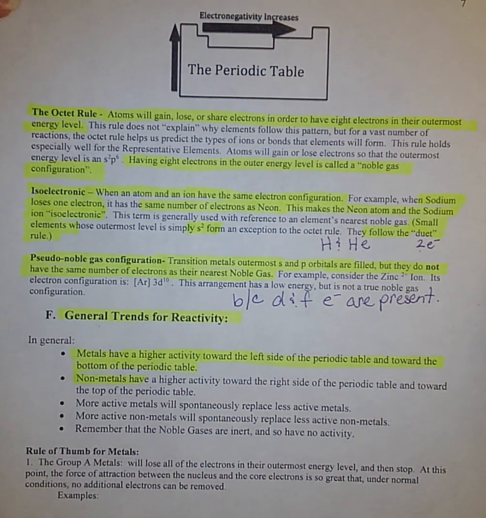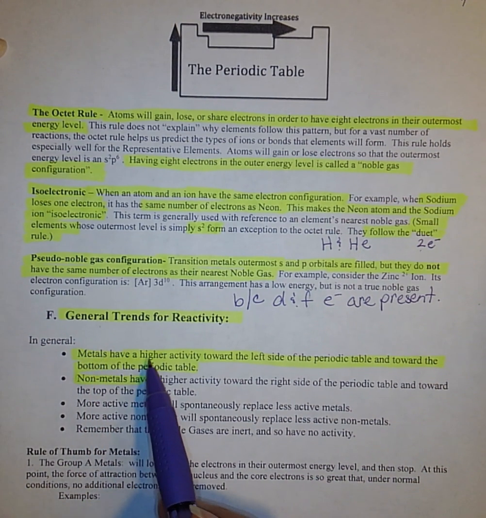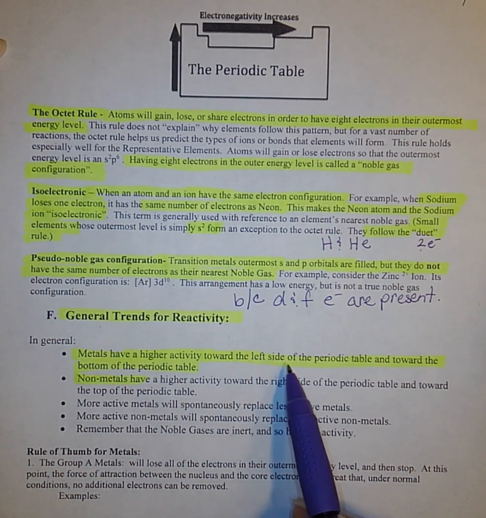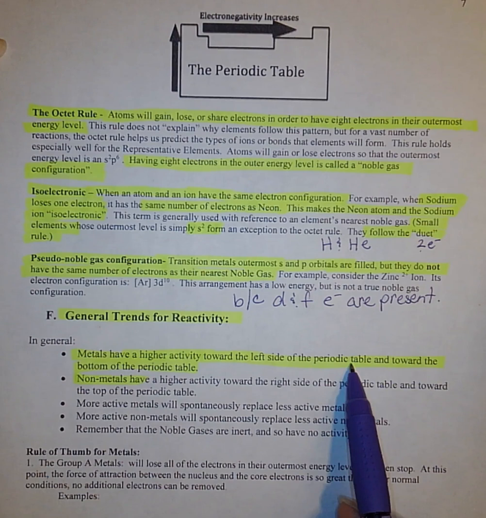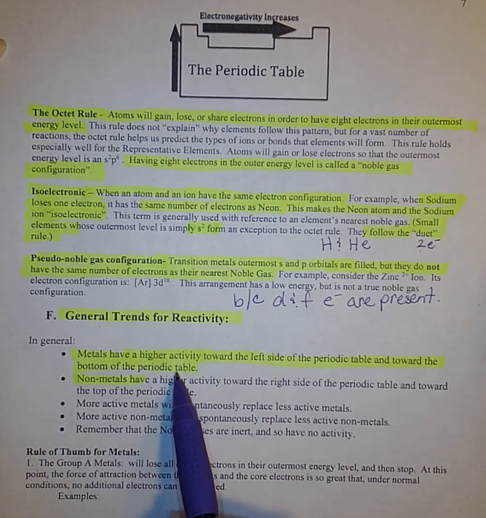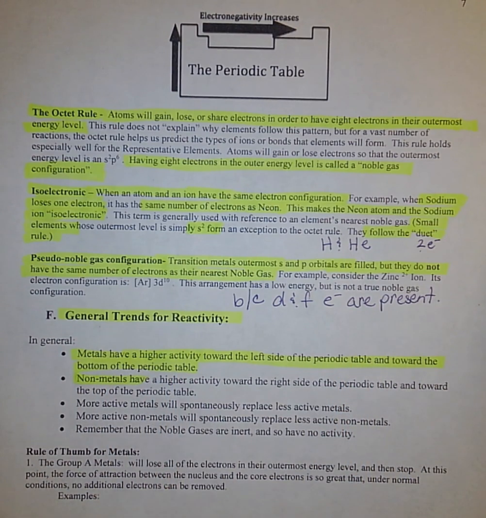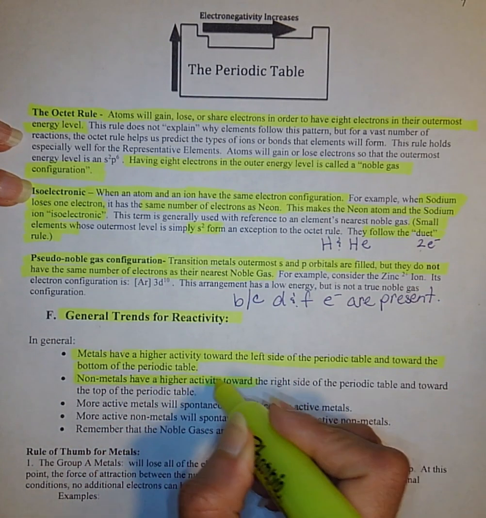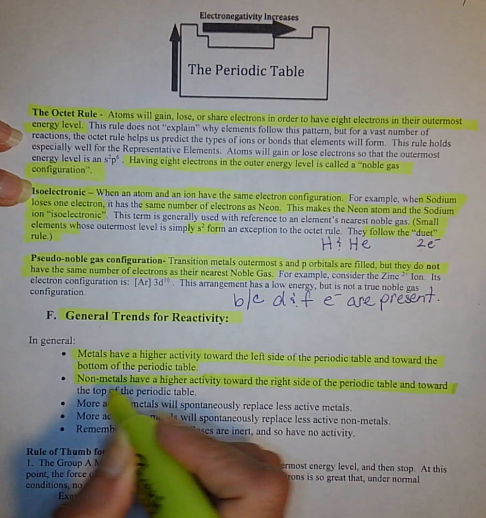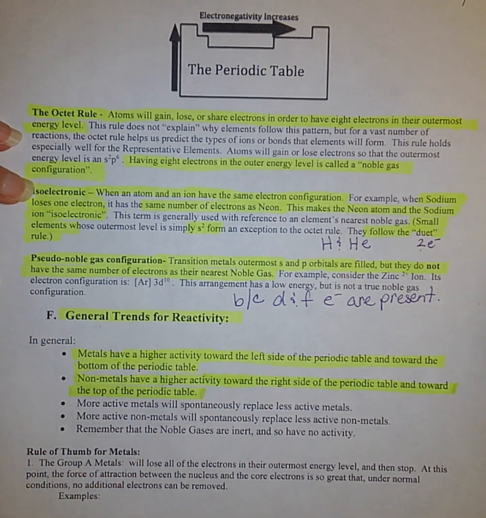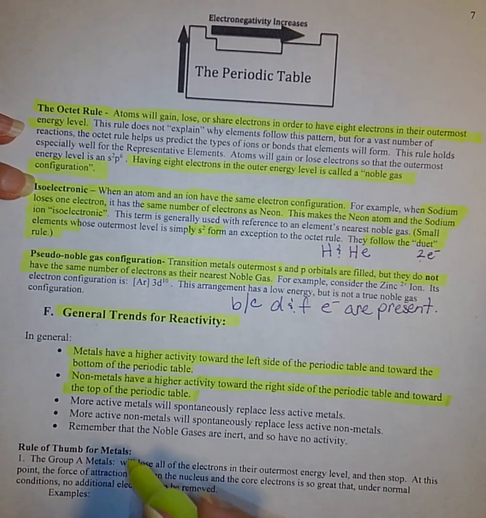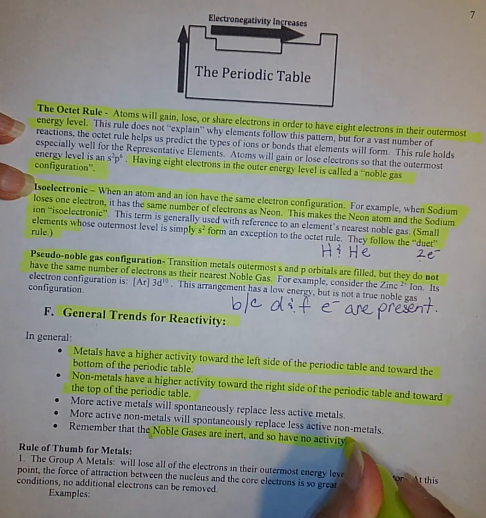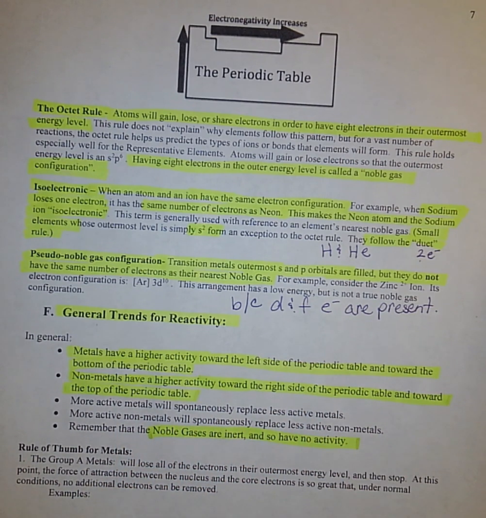Moving on to general reactivity, metals have a higher activity towards the left side of the periodic table and towards the bottom of the periodic table. Nonmetals, on the other hand, have a higher activity towards the right side of the periodic table and towards the top of the periodic table. Keep in mind that noble gases are always inert and they have no reactivity.